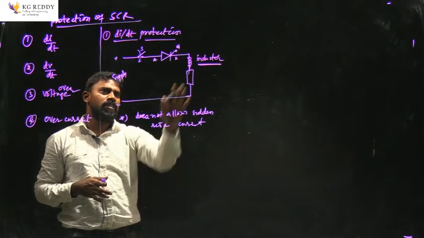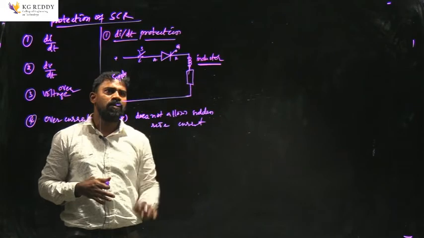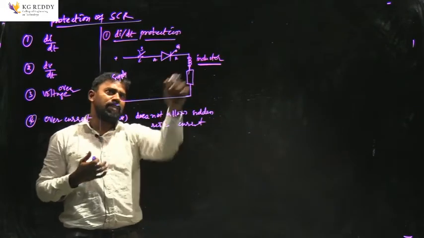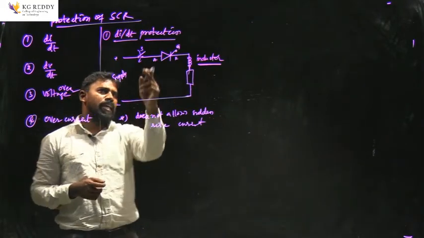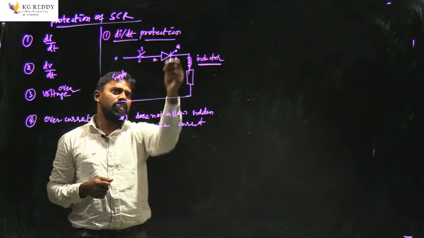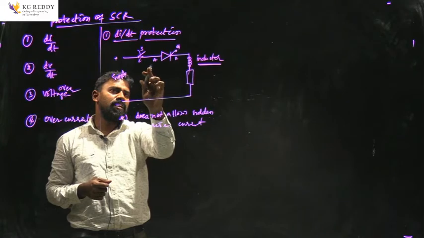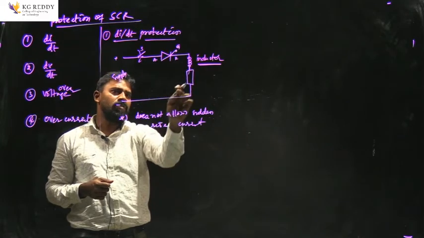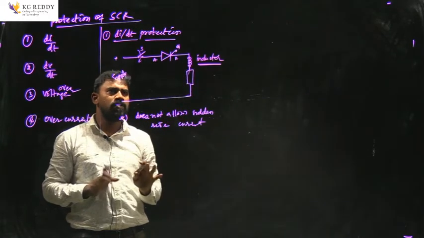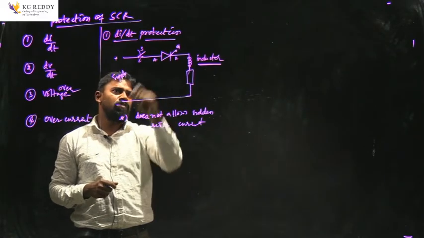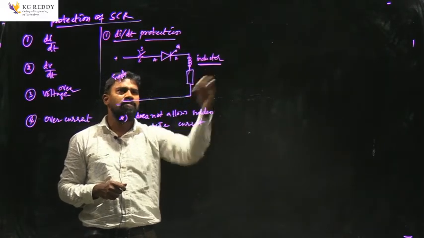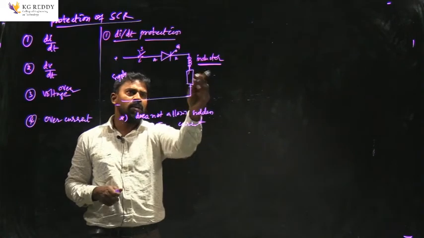First I am going to explain the circuit without the inductor. When the anode is positive with respect to the cathode, the SCR may turn on. Then current flows from anode to cathode through the load, in the forward bias condition, and you get output across the load.